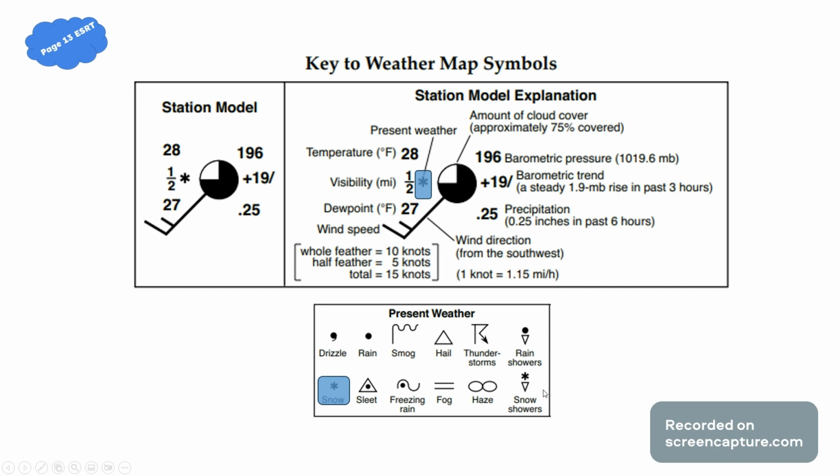If it was snow showers, you could do the star with the triangle to show more intense snowfall. So the bottom right corresponds with precipitation or present weather as well. The 0.25 stands for that over the last 6 hours, there has been 1/4 inch of snowfall, 0.25 inches of snow.